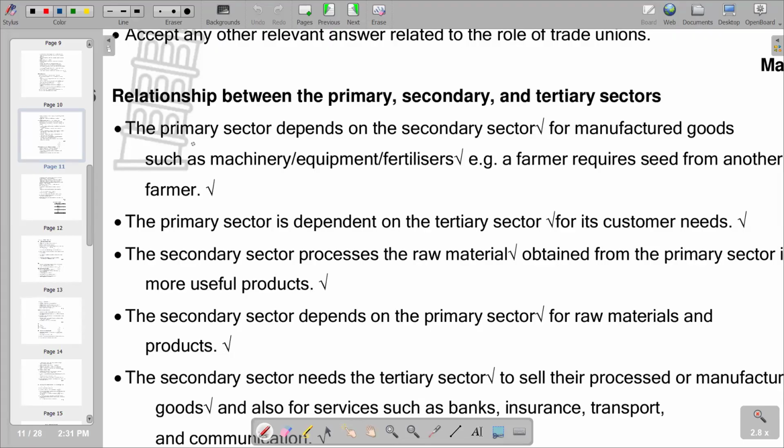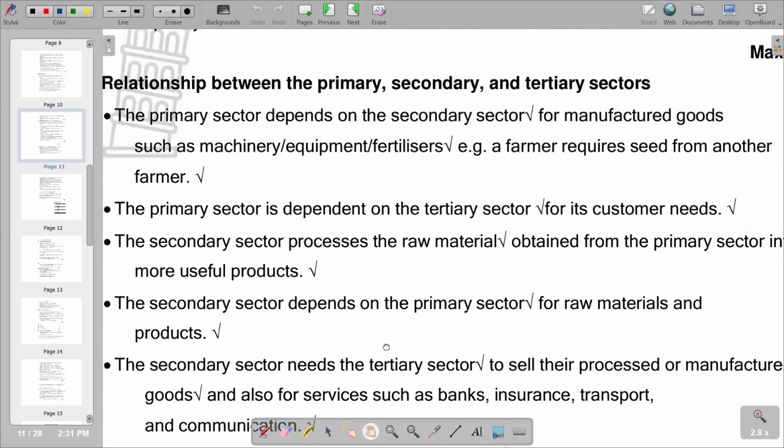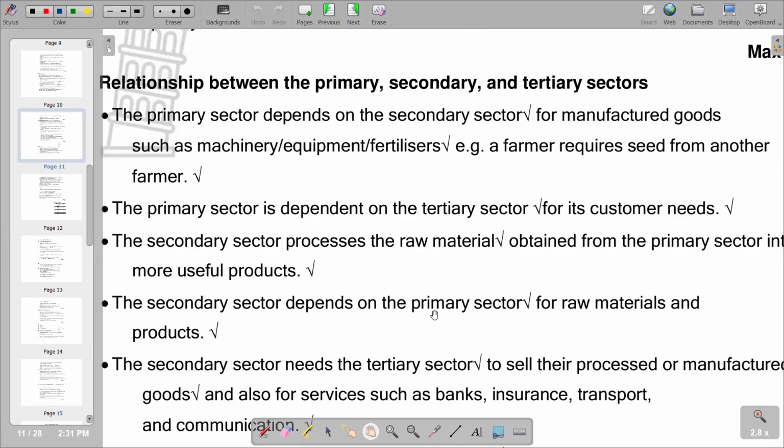The first point is the primary sector depends on the secondary sector for manufactured goods such as machinery, equipment, fertilizers, e.g. a farmer requires seed from another farmer. And then also the primary sector is dependent on the tertiary sector for its customer needs. The secondary sector processes the raw materials obtained from the primary sector into more useful products. The secondary sector depends on the primary sector for raw materials and products.